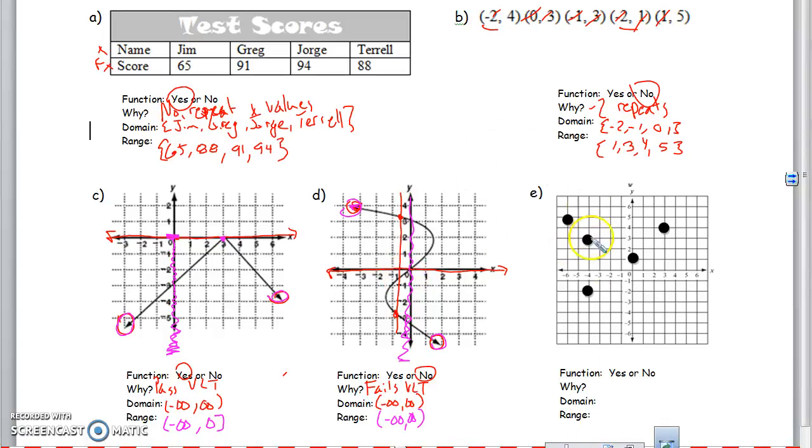E, I think you can handle the domain and range. This is not a function because, as you can see, it goes through these 2 points, so it fails the vertical line test.